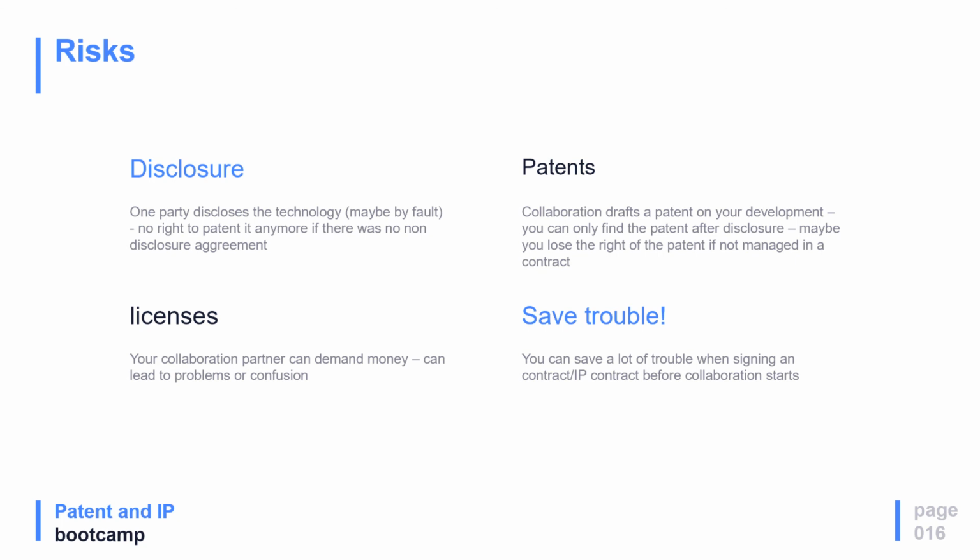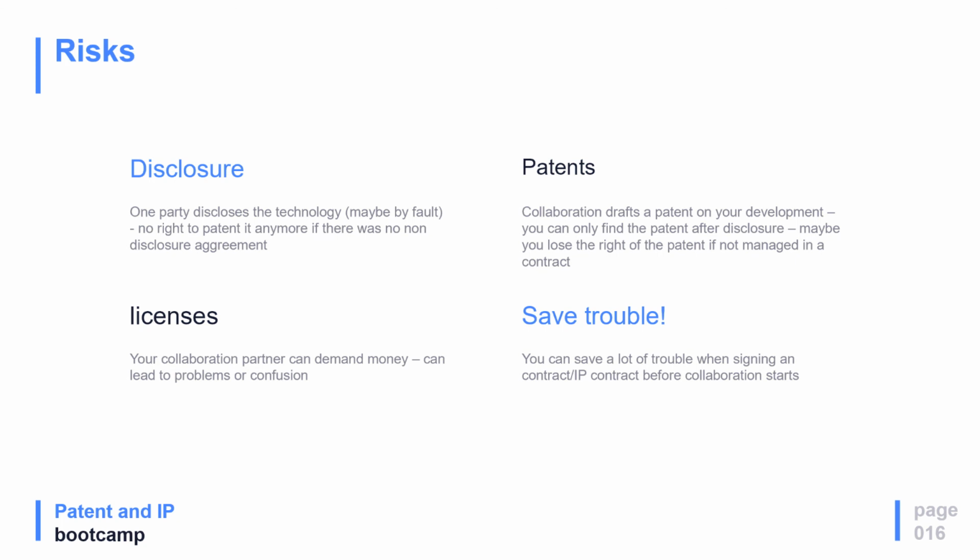If it's not clear who drafts which patent, it can be complicated because patents are normally disclosed only after 18 months. And so you need a contract that makes clear that you had the right to this patent. And it should also be made clear who owns the licenses, so that there are no demands for money from your collaboration partner which can lead to confusion or problems.